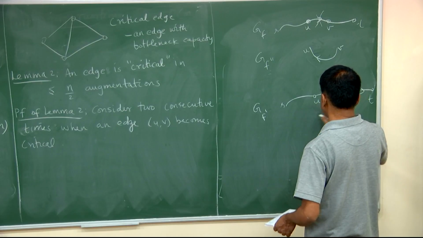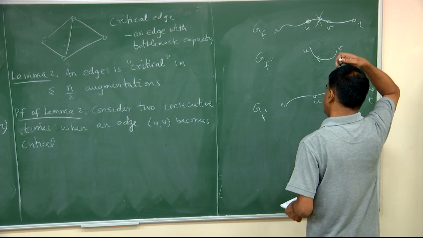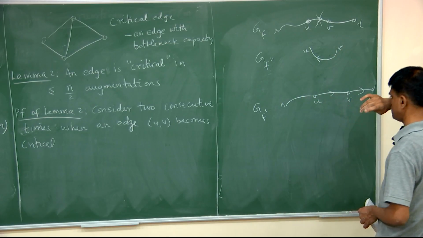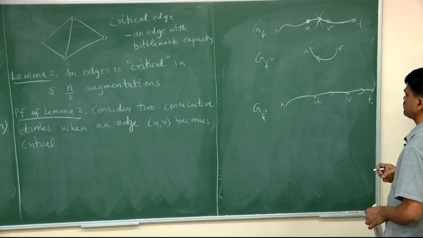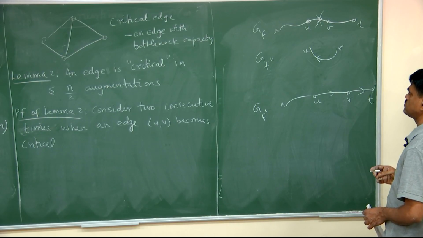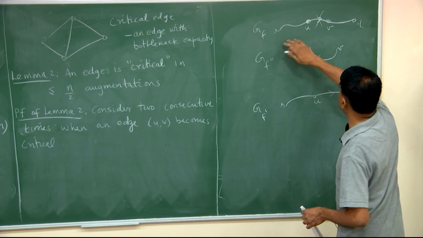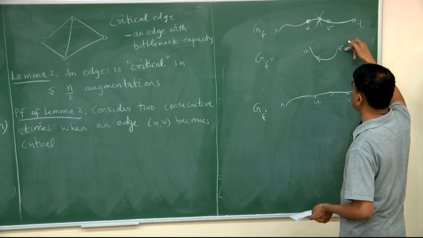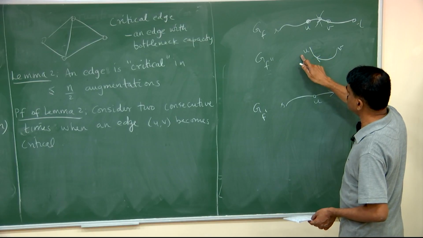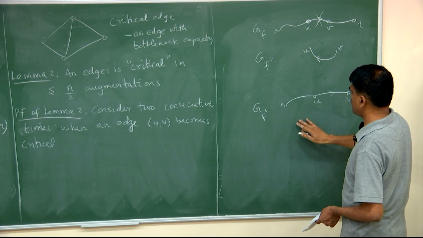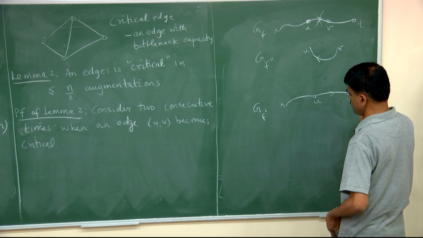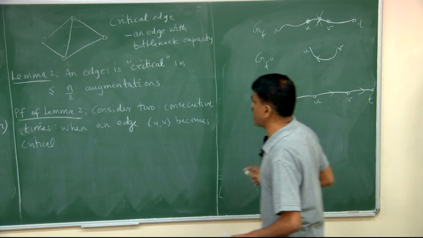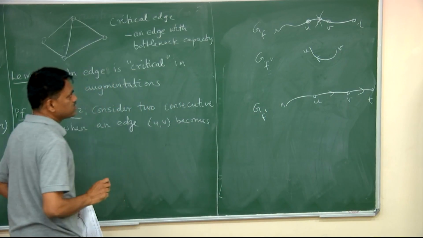So you have GF, and then you augmented it, and somewhere there was a flow through this in GF double prime, and we've reached the place where UV is becoming critical. Let's use the fact that you're always augmenting through shortest paths.